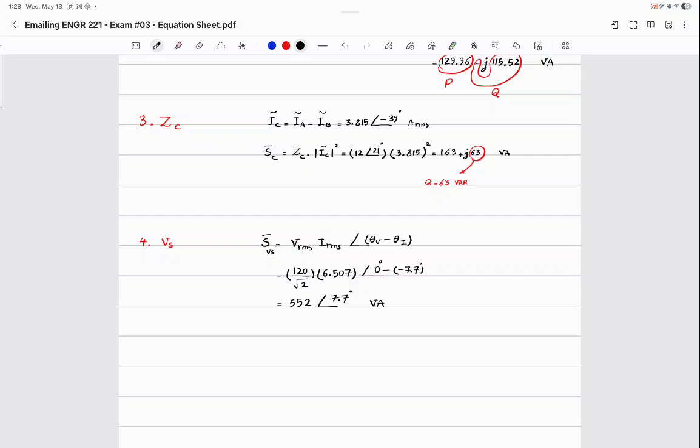Power equals power. It might be. Conservation of energy, right? Whatever complex power the source is providing should be absorbed by other elements. So just add the other complex powers that you calculated for the first three parts, and you'll get this, okay?